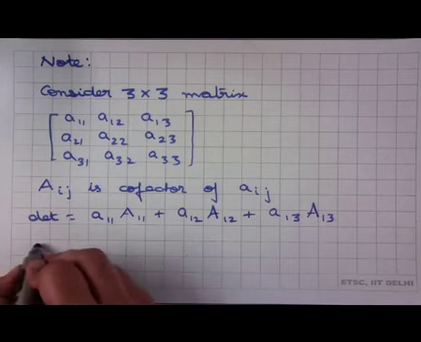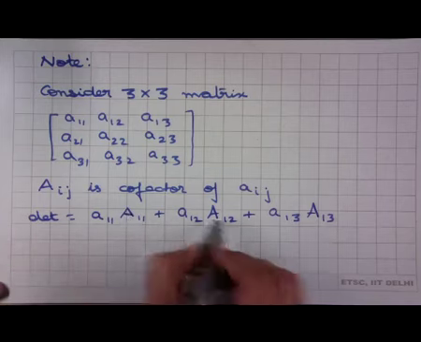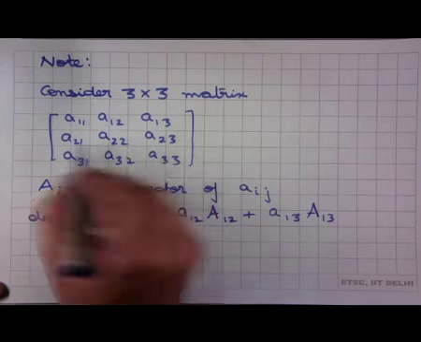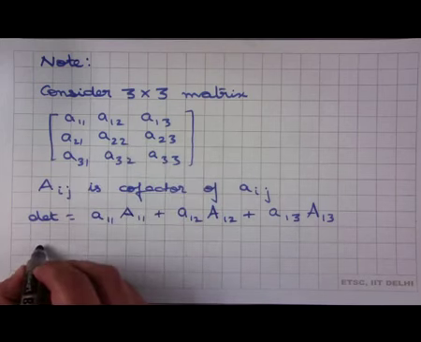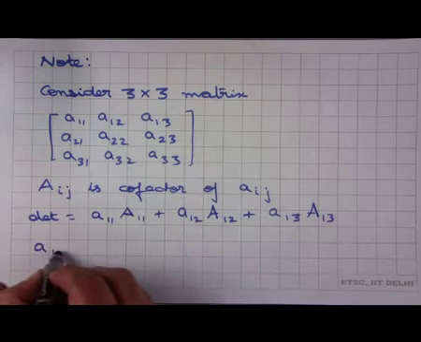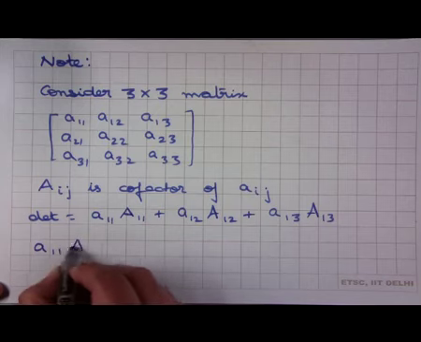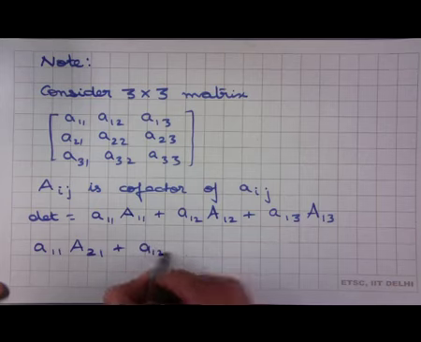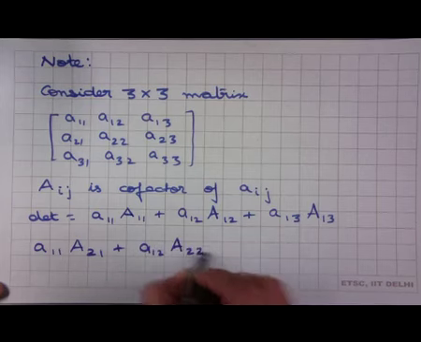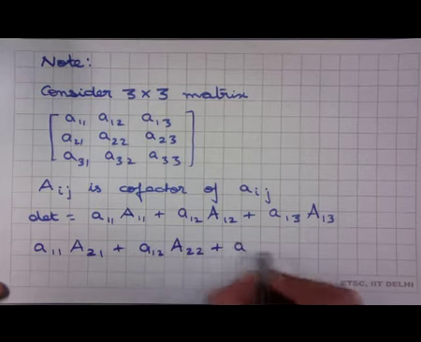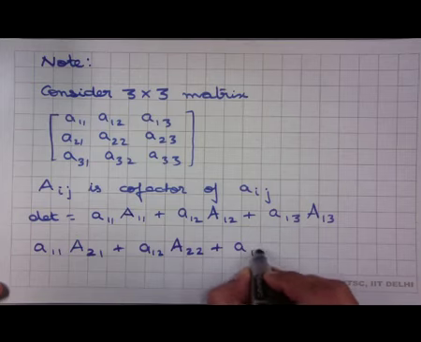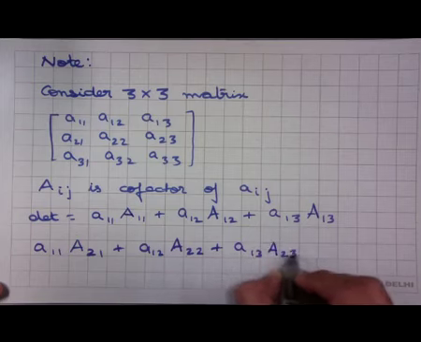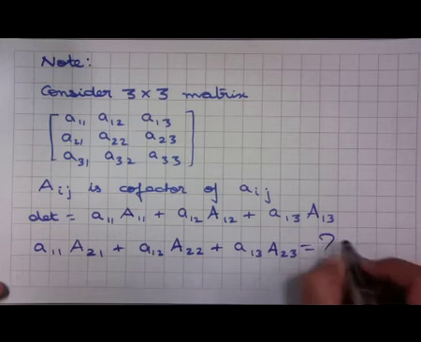Now, what happens if you replace these cofactors with the cofactors of other elements? In other words, what is a11 times A21 plus a12 times A22 plus a13 times A23? So, what is this value?